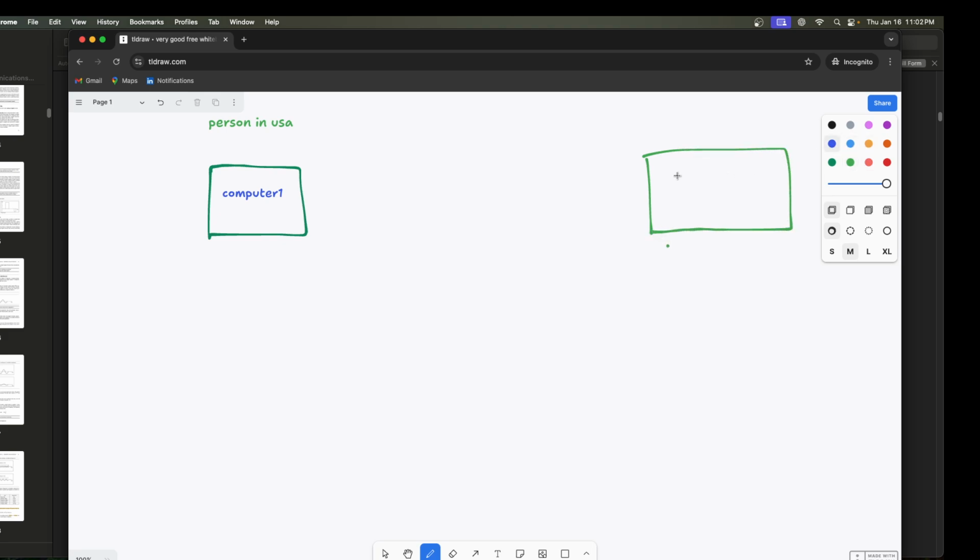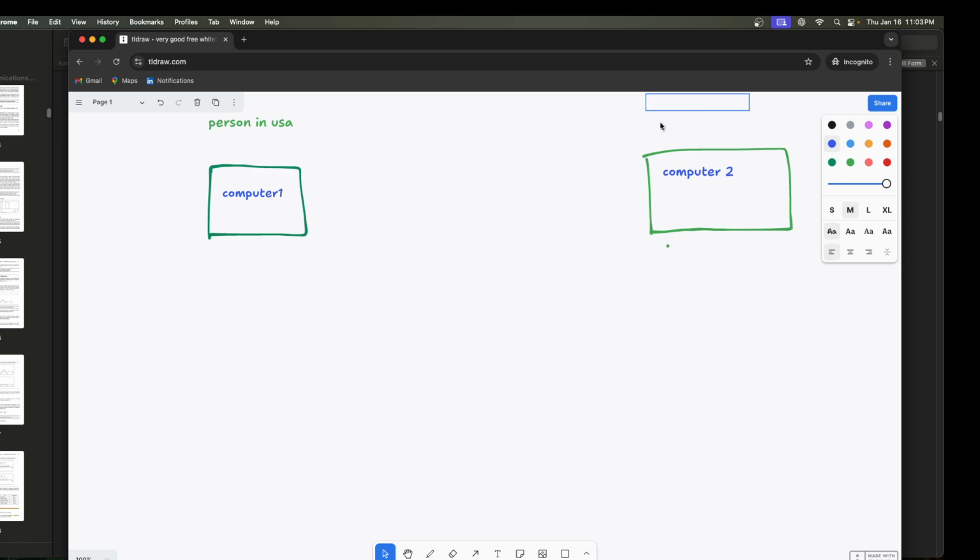So this is text, right? This is computer 2, and this is another text, right?